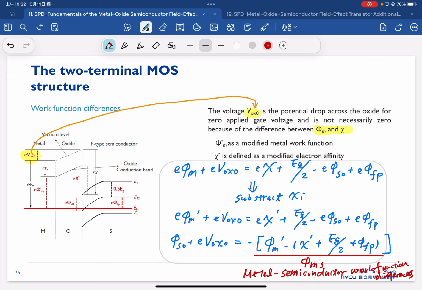So one more small reminder is, as long as we found out the band is not flat, that means that the surface charge already exists.